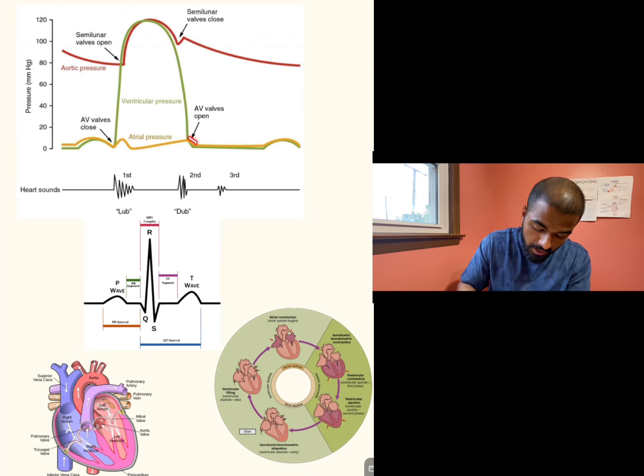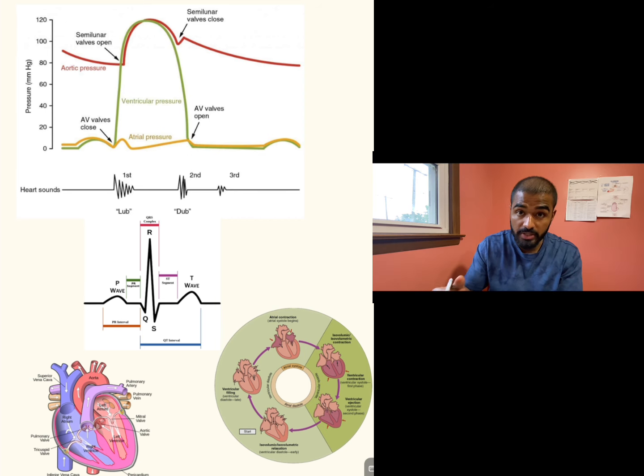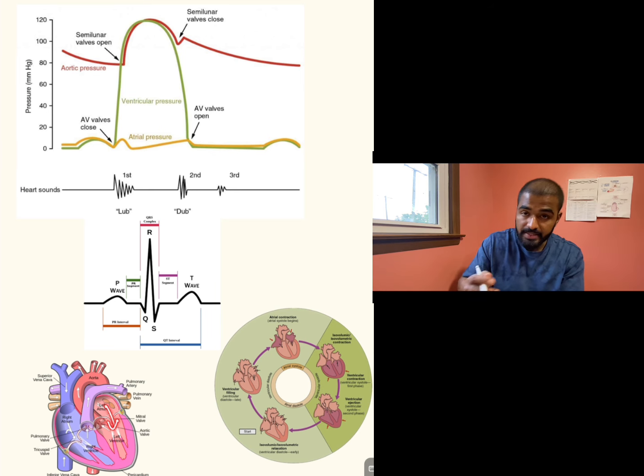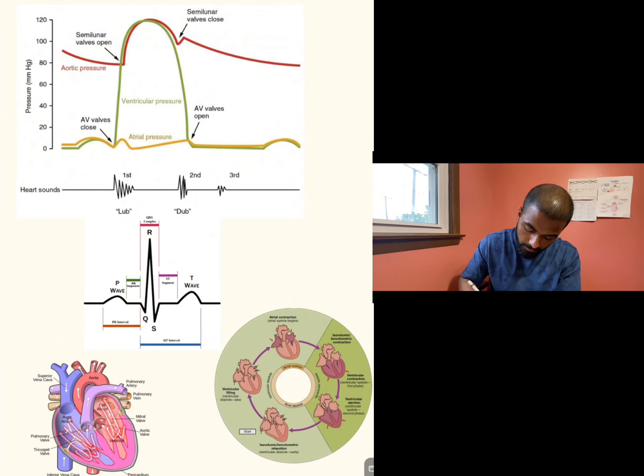And from there we have a slope right here. That's going to be our Y slope. This Y slope means the pressure inside the atria is going down again. That means the blood inside the atria is going down into the ventricles. That's a passive filling that's happening.